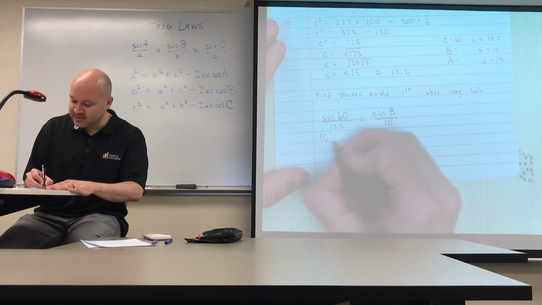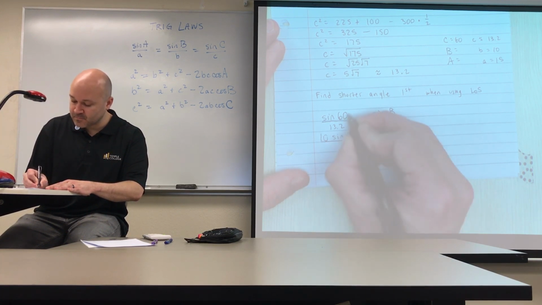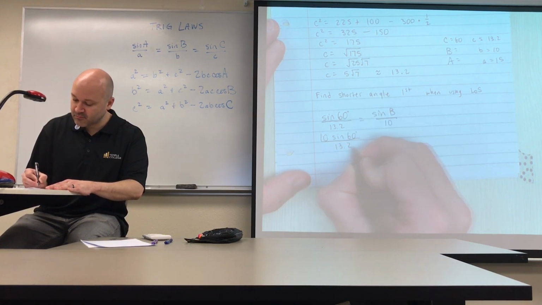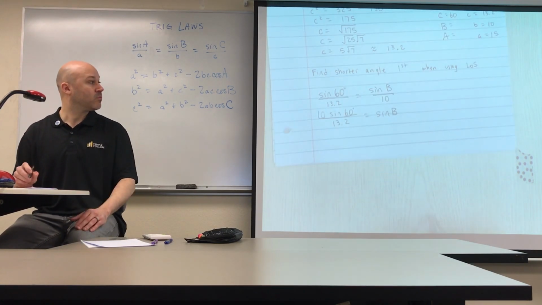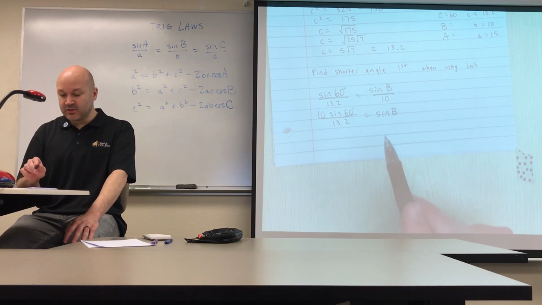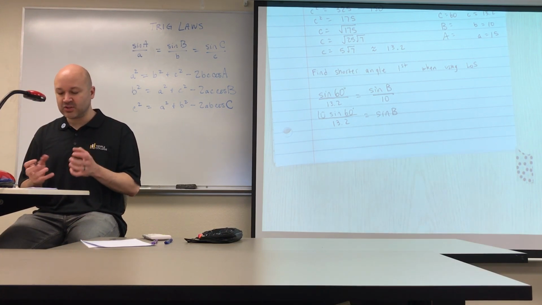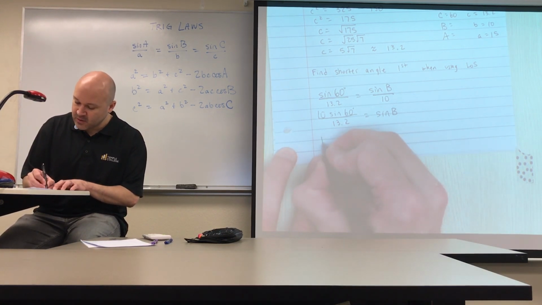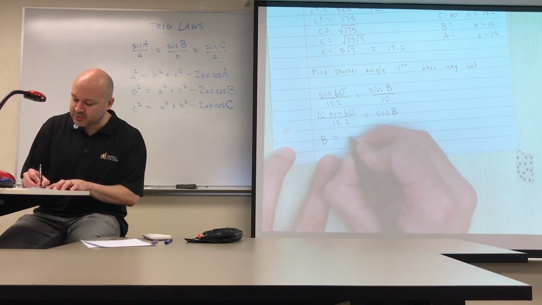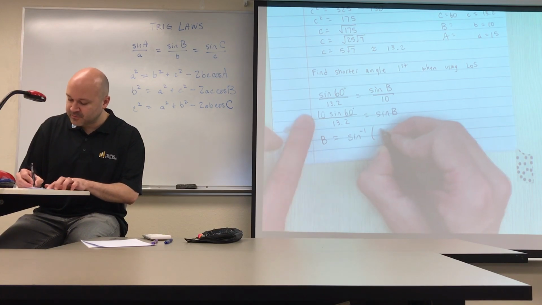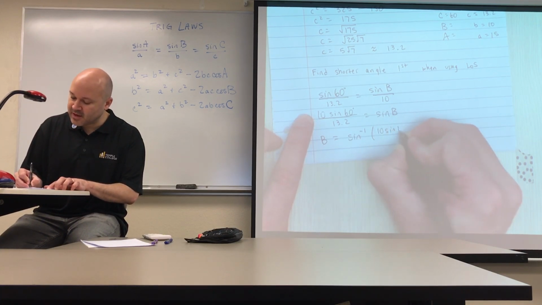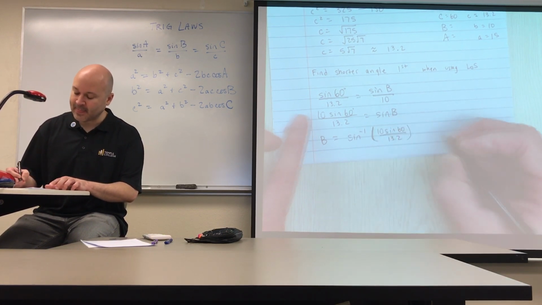I think I know sine 60, but I'm just going to pretend I don't for a second. To get the B outside of the trig function, I'm going to inverse sine that. So B is equal to arc sine, or inverse sine, of 10 times sine 60 over 13.2.